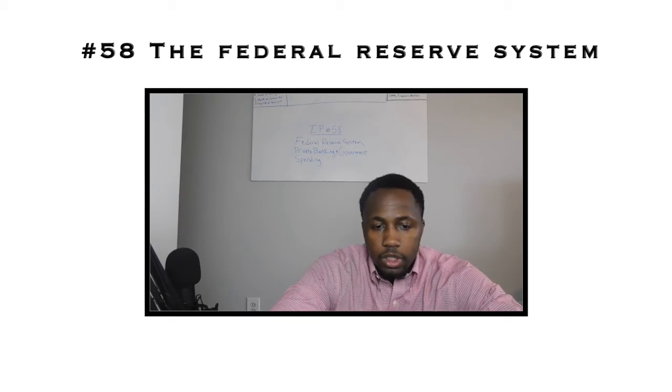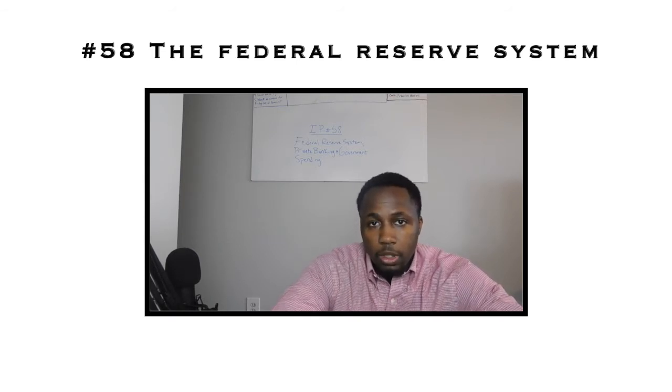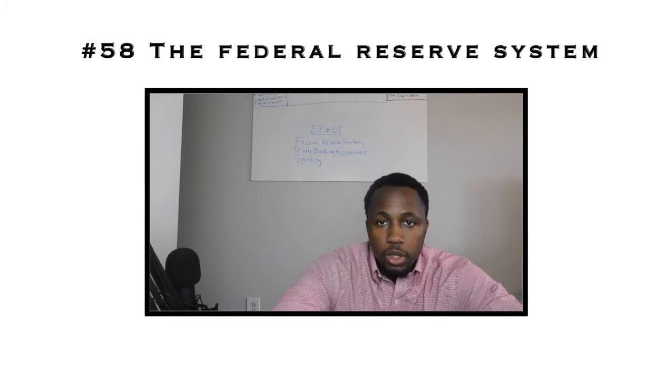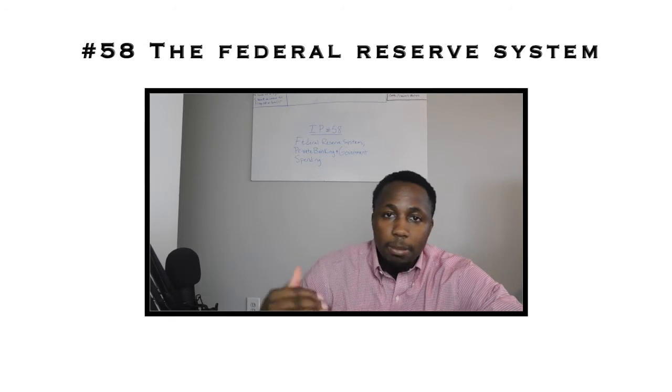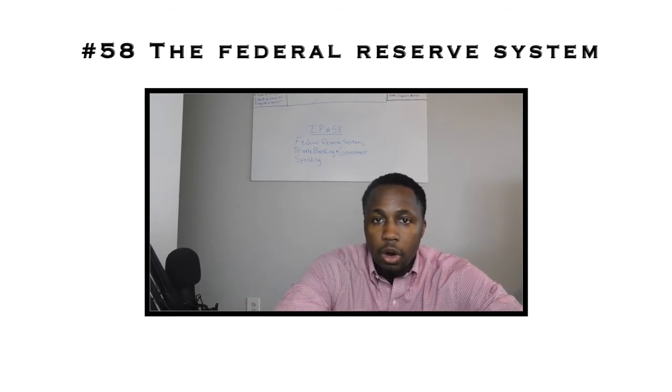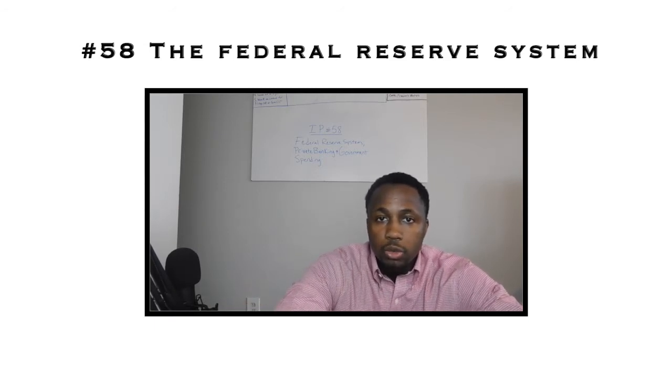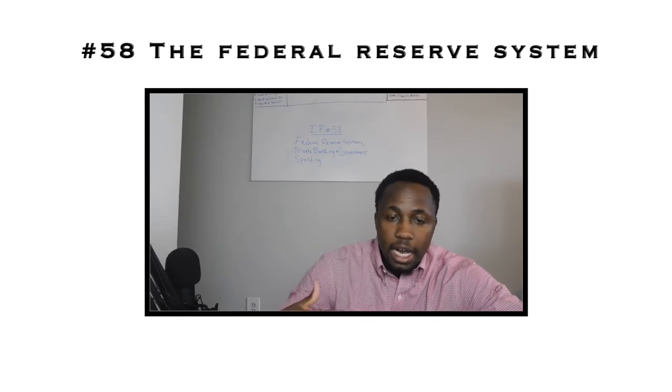Now, I explained in episode 19 what monetary policy is and how the Federal Reserve uses monetary policy to expand the money supply. They're also put in place to help control unemployment. So their goal is to maximize employment within the economy, but they also want to keep inflation down low, and they want to monitor interest rates so that they can stimulate the economy.